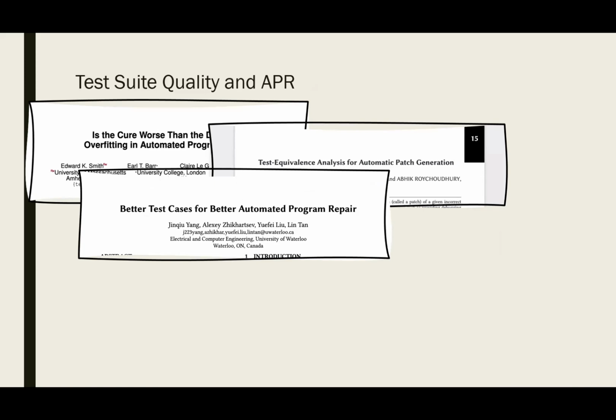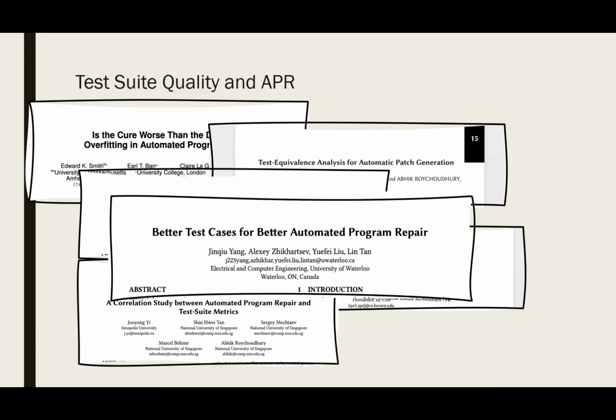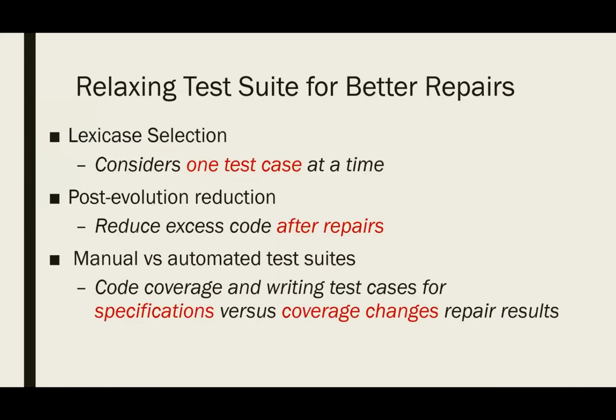So there's been a lot of work on test suite quality and automated program repair. And people have spent a lot of time looking at this. I won't go into all the details of all the papers. But there's been a couple of things people have done. One of the issues with program repair is that when you run all the test suites, it takes a long time. So people have used samples of test suites in different iterations.